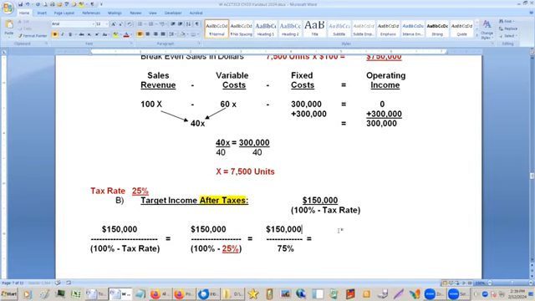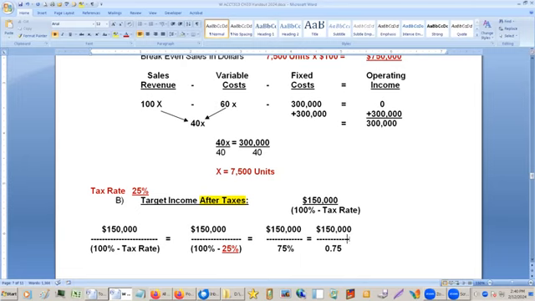I'm going to put that into decimals. Okay, so if we put 75% into a decimal, it'll look like this. Right?